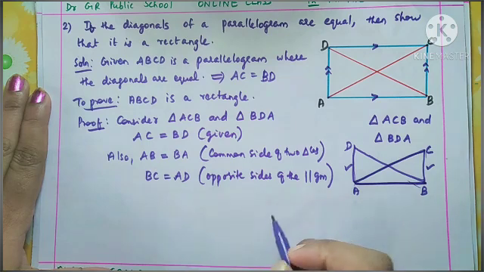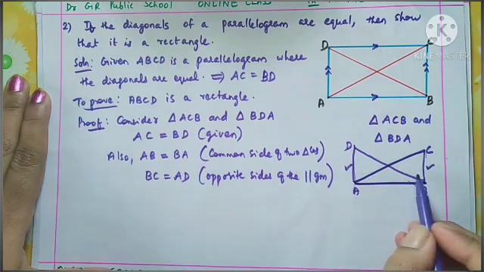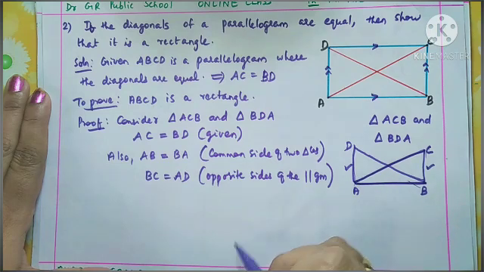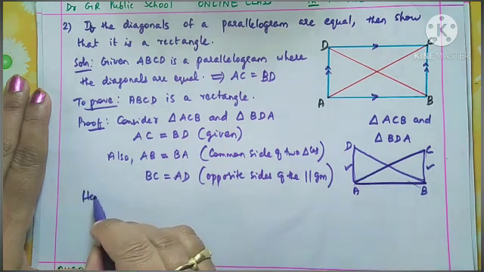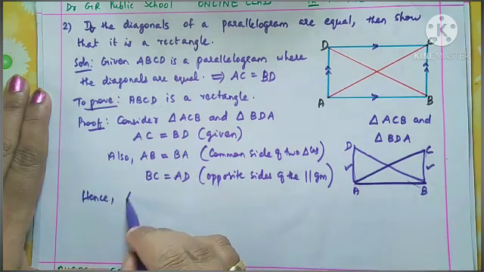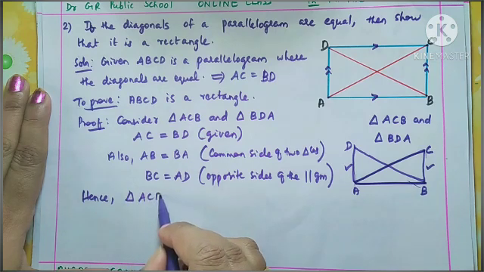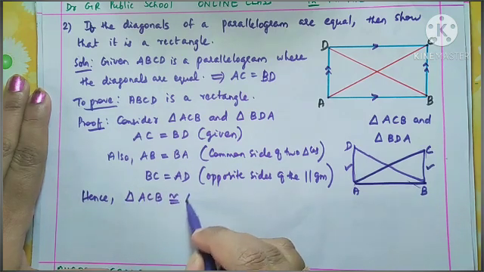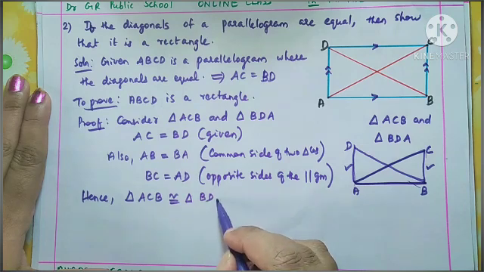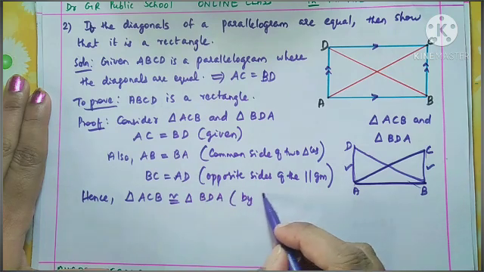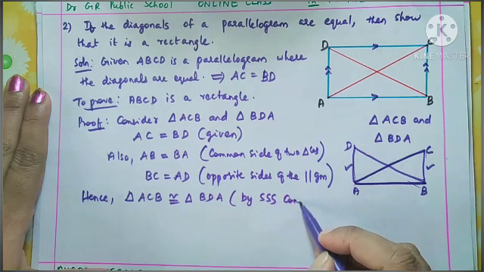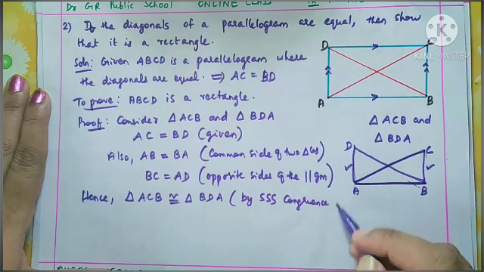We can apply SSS congruence rule and we can say these two triangles are congruent to each other. Hence, what we proved? The triangle ACB is congruent to triangle BDA by SSS congruence rule.